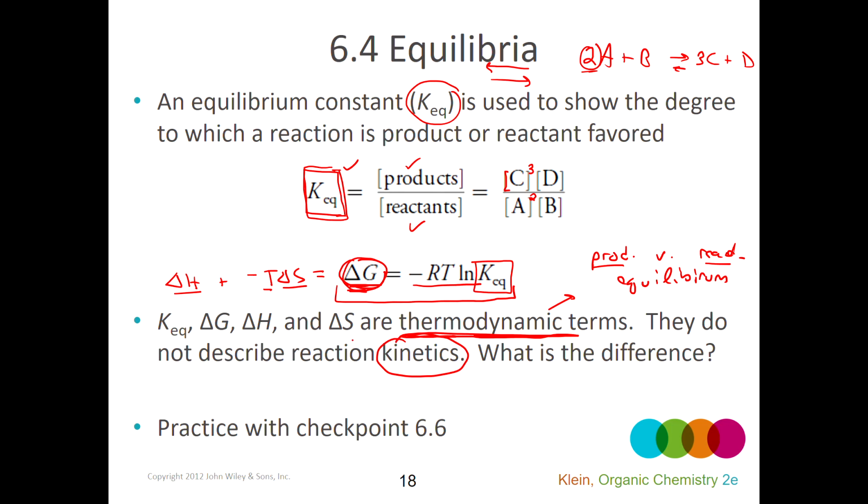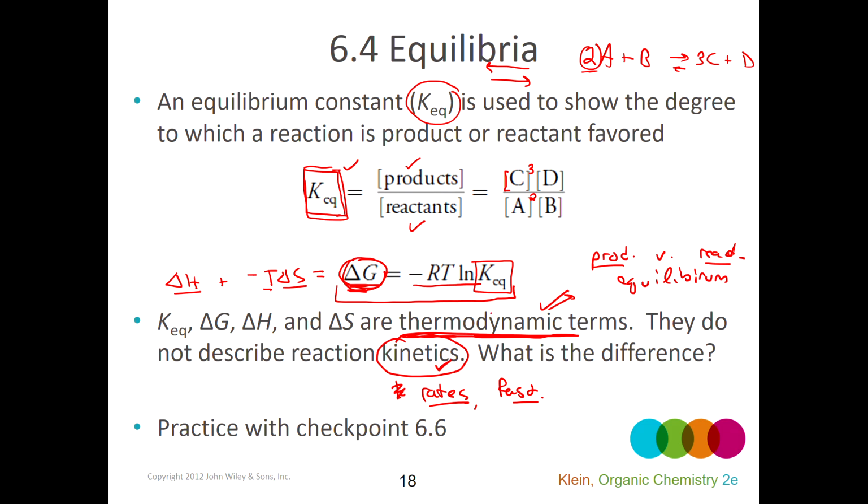And that is kinetics. That's about rates or how fast the process occurs. And that's a totally different analysis. So throughout the rest of the semester and into Organic Chemistry 2, we're going to be focusing a lot on the difference between thermodynamics and kinetics, because when you get them confused, it causes an incorrect analysis for the reaction.